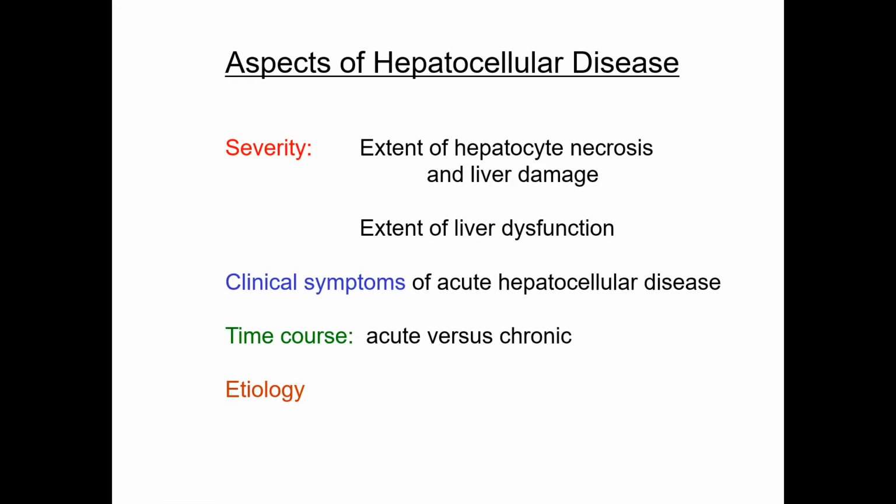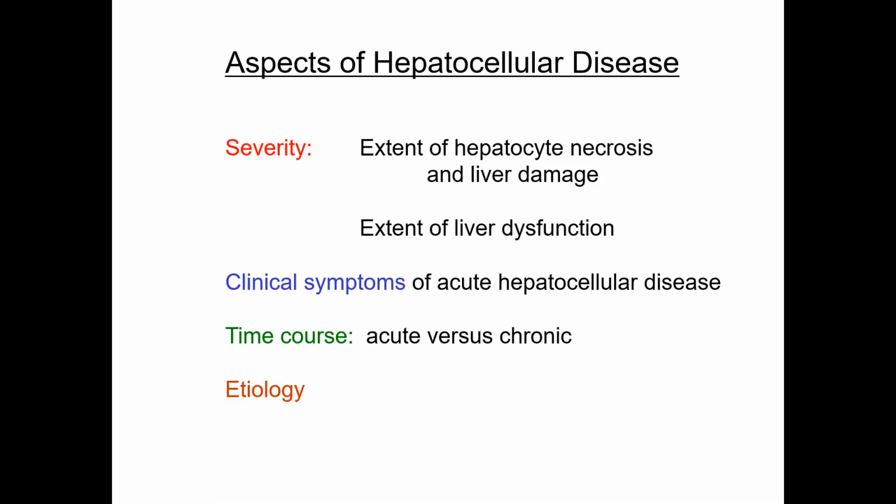And etiology, of course, we usually associate hepatitis with viral hepatitis. So we have a lot of these patients showing up in our clinical practice showing damage from the five hepatotropic viruses that cause acute viral hepatitis: hepatitis A, hepatitis B, hepatitis C, hepatitis D, and hepatitis E. We'll be talking about those viral forms of hepatitis later.